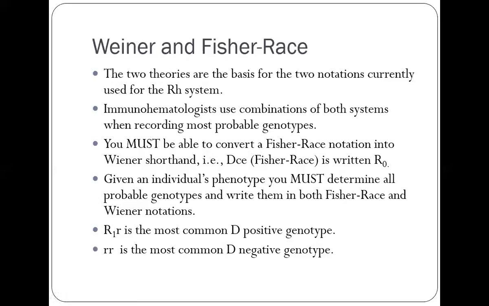If that doesn't make sense to you right now, I'll explain what each of those letters mean. The big R actually means that a big D antigen was inherited, and then the little r's mean that no big D was inherited. So that's why the little r is associated with the D-negative genotype. But again, I'll talk about that in just a second.